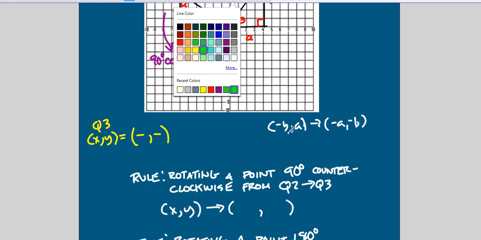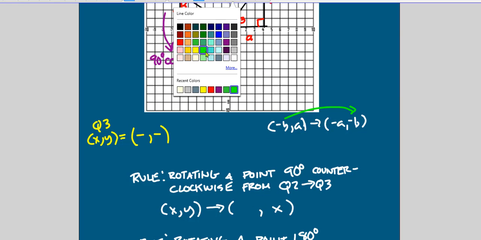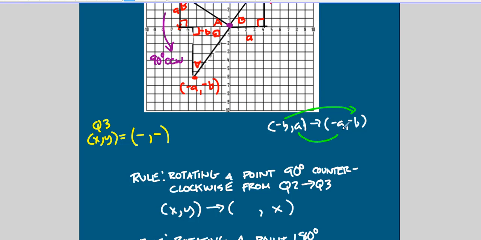The x position gets moved to the y position, so that means that this goes to here. So x goes to the y position, and then y goes to the x position, and you take the negative of it. So we get negative y, x.